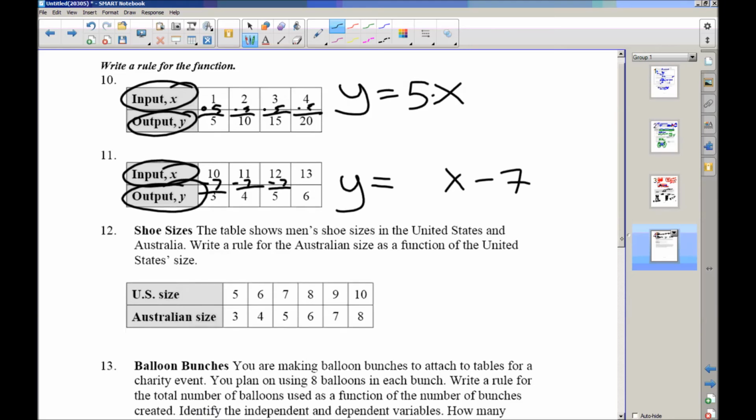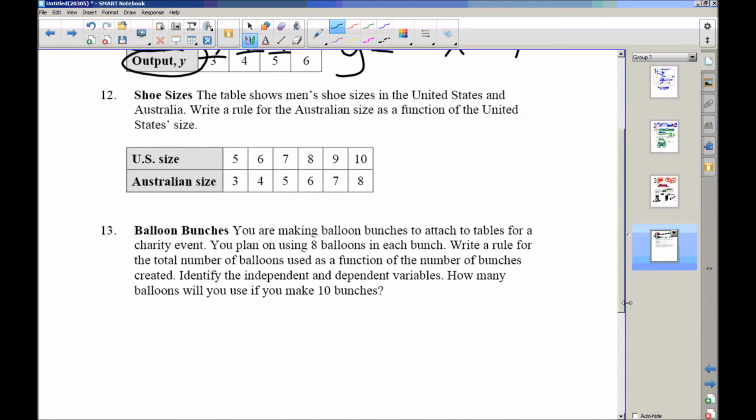All right. We have 2 more here. This time we're talking about shoe sizes between US and Australia. So write a rule for Australian size as a function of the US size. So this, remember, is output compared to input, or output is also our dependent variable, and input is also our independent variable.